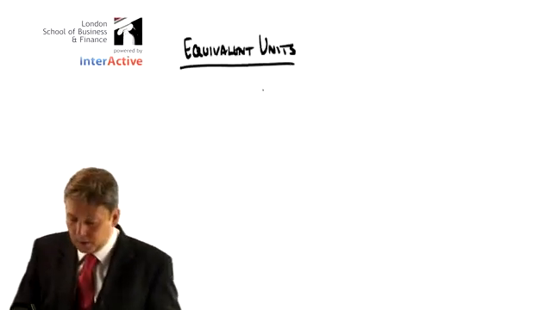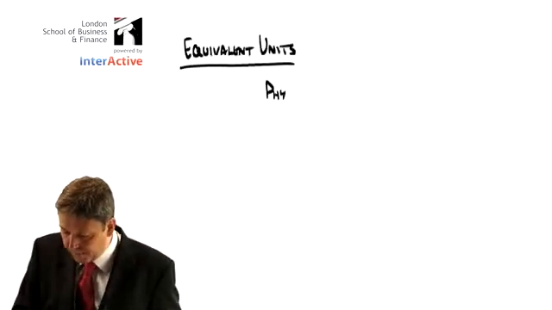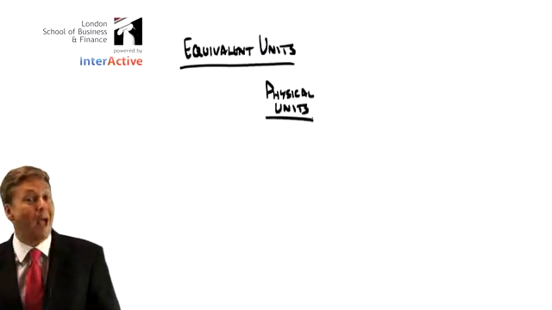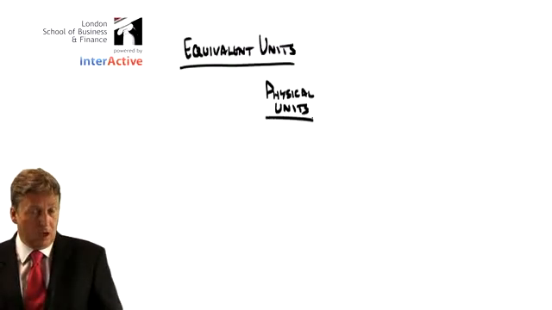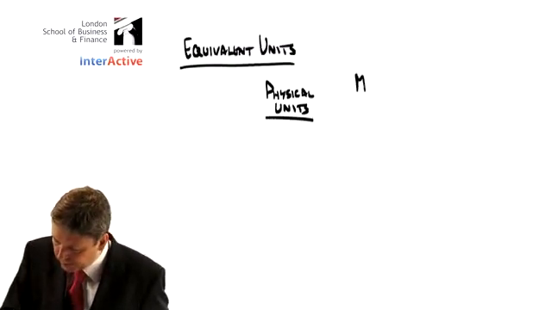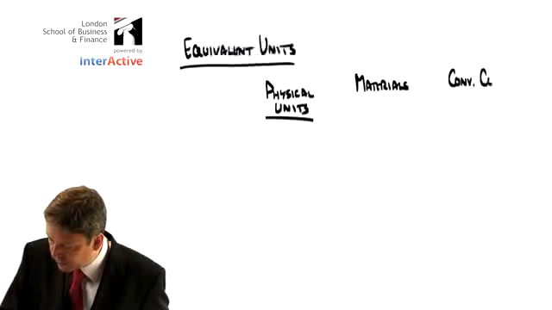If we are to look at the number of equivalent units, what I want to start with is a column of the physical units. Remember, we've already checked the physical units before we do anything else. And when we look at the equivalent units, there are 2 components. We have materials and we have conversion costs.